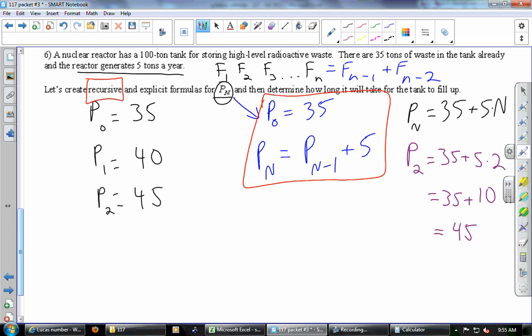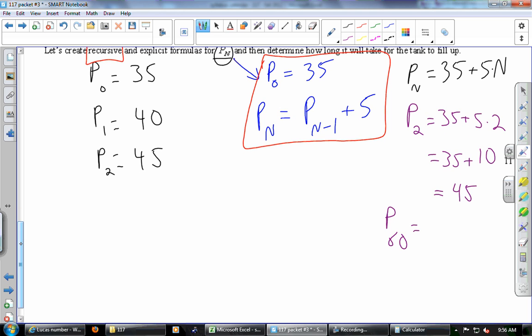Yeah. And in fact, if I wanted to find P100, do I have to find the first 99 numbers in the list? No. Go ahead and find P60. Use the black formula at the top to find P60.